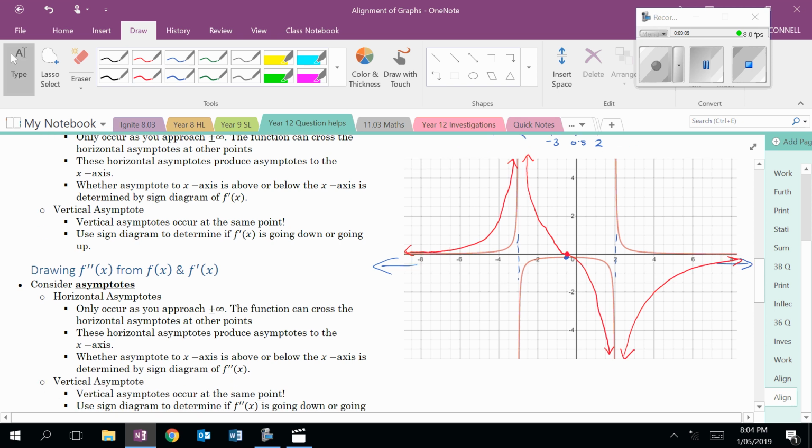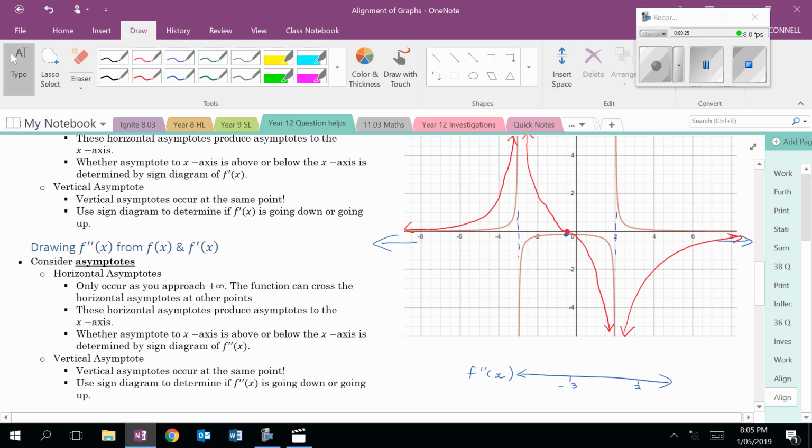Now drawing the second derivative is quite similar. So we are again going to need a sign diagram. So my sign diagram, well, it's going to be minus 3 and 2. Now on this one there are no inflection points anywhere, but we still have our vertical asymptotes.